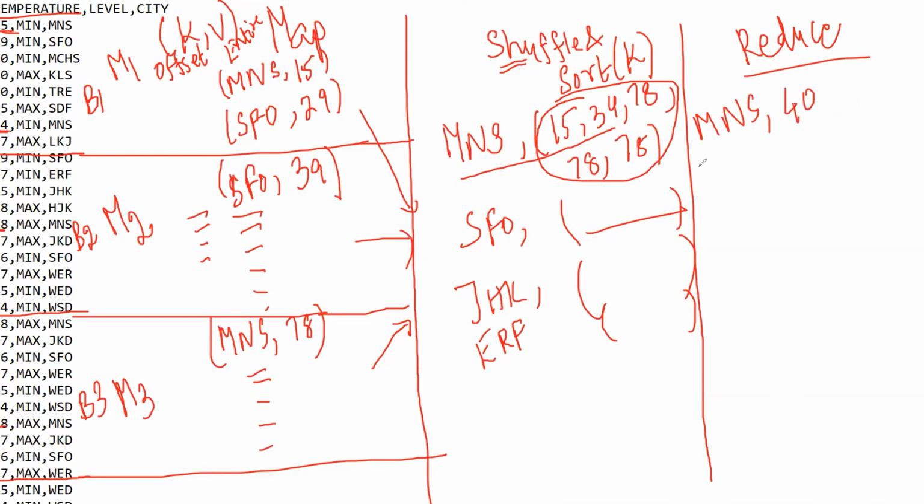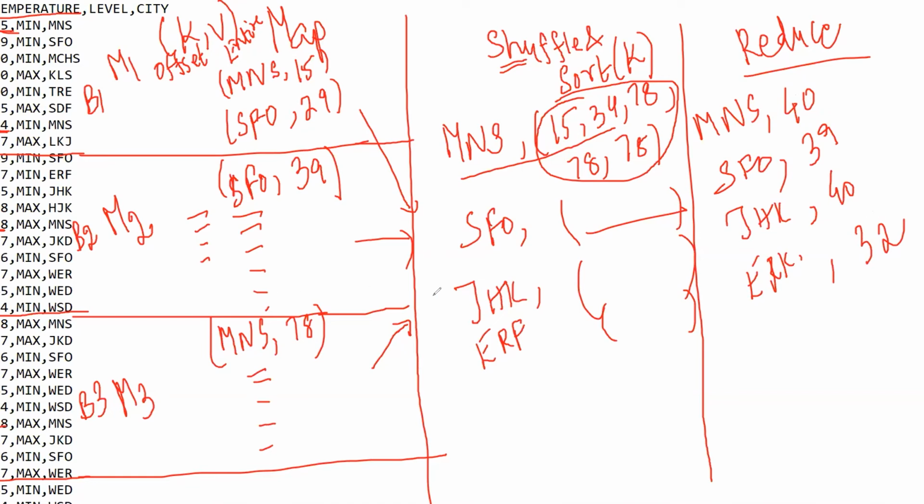Now the same applies for all of your keys, JHK, and so on. And how will this actually happen in your cluster? Any one of the slave machines will read the shuffle and sort output, apply the logic on this list of values, and generate your final output. So let me take this to be something like 39, 40, and 32.